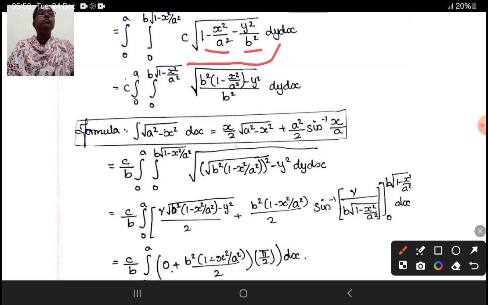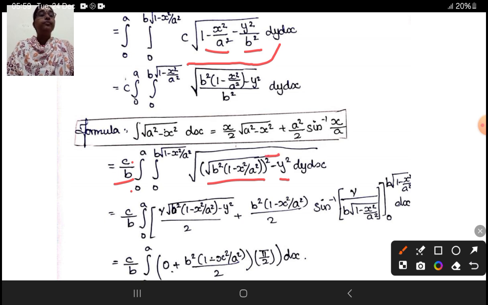The overall term, c by b, we take out, and we want to write it as a square root term. So b square into that bracket, then it becomes a square minus y square. In that form we got it.